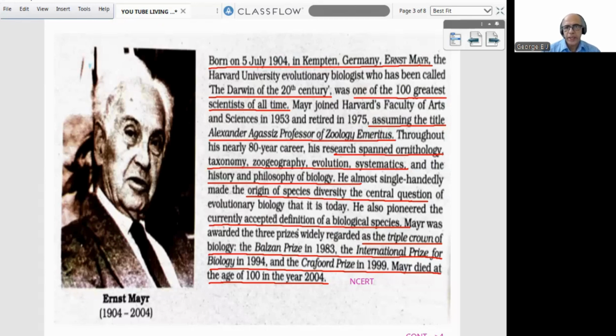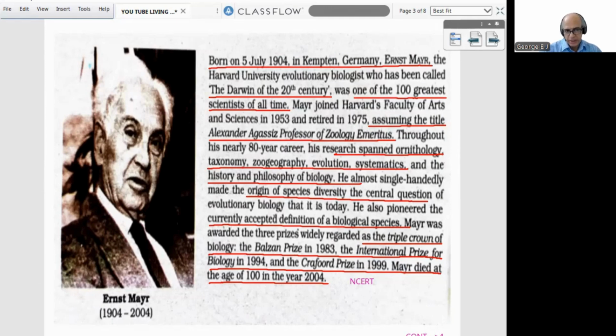Then he got a title, Alexander Agassiz Professor of Zoology Emeritus. And his work connected with 80 years of research. His research spanned ornithology, taxonomy, zoogeography, evolution, systematics, etc. And moreover, the history and philosophy of biology.